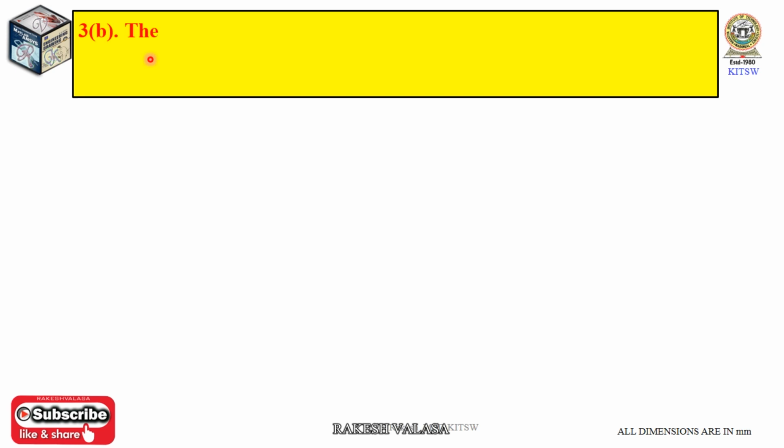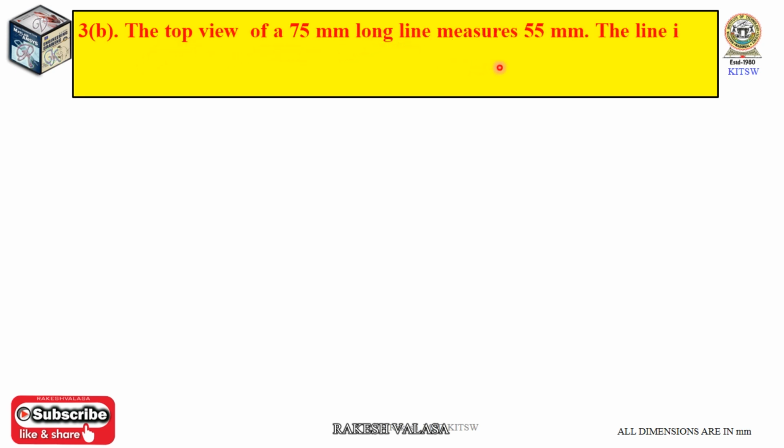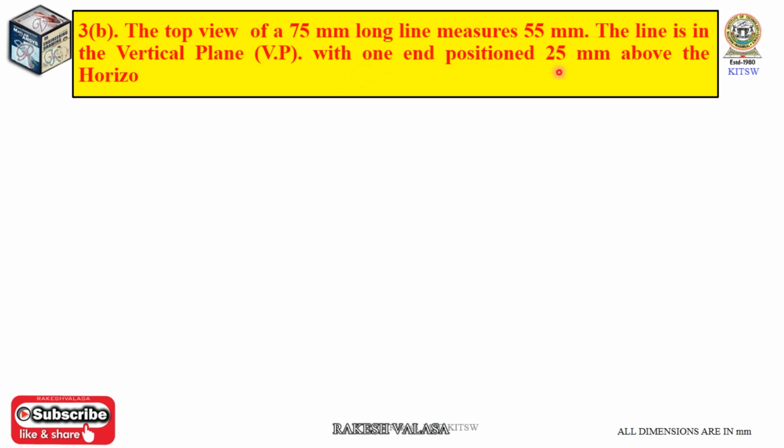Next, the last question: the top view of a 75 mm long line measures 55 mm. The line is in the vertical plane with one end 25 mm above the horizontal plane. Draw its projections. Here in the given problem, two conditions are given.